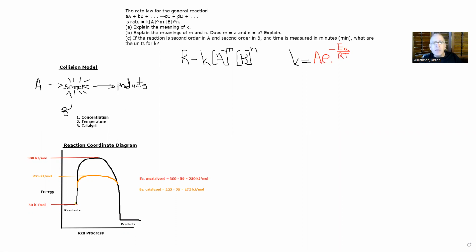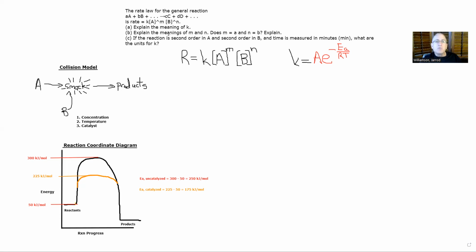And B caret N is code talk for B to the N power. The program I'm using here doesn't let me do superscripts and subscripts conveniently, kind of like texting on your phone.